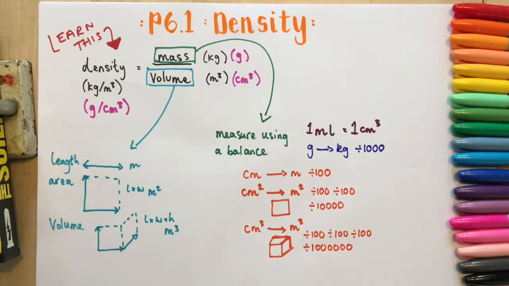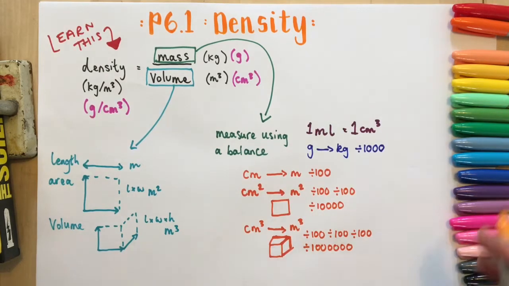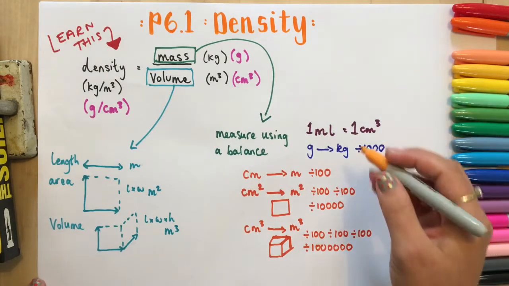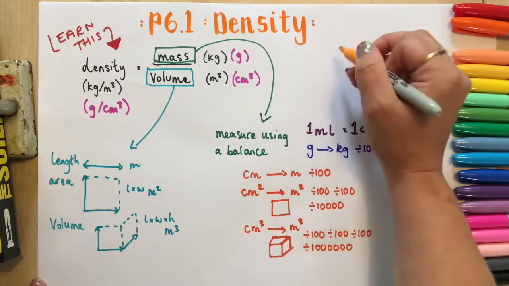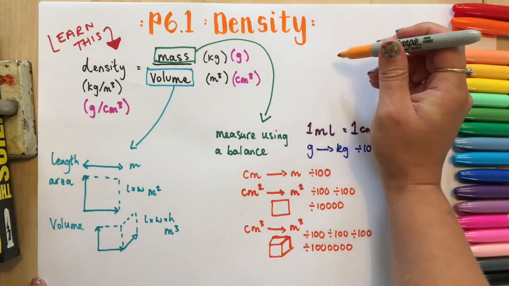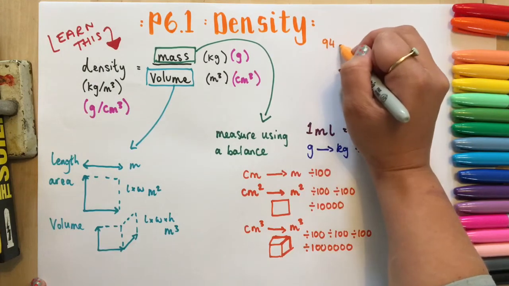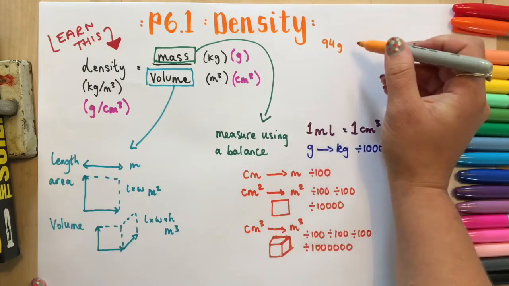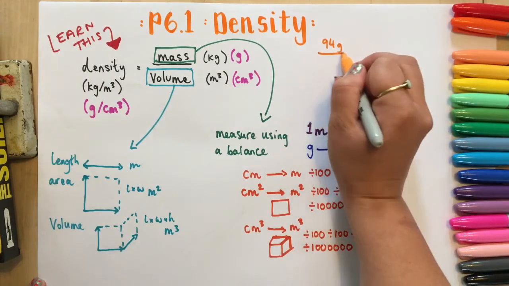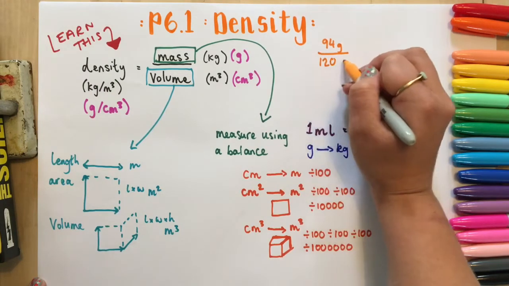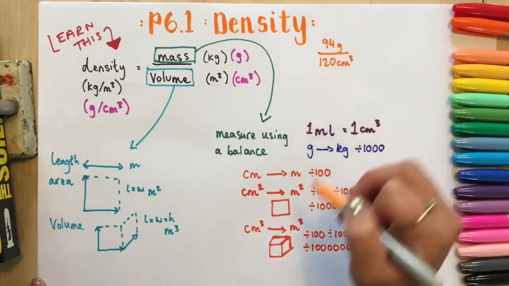Well, let's try and do a sample calculation. Let's say, for example, that I had something that was 94 grams and had a volume of 120 centimetres cubed.